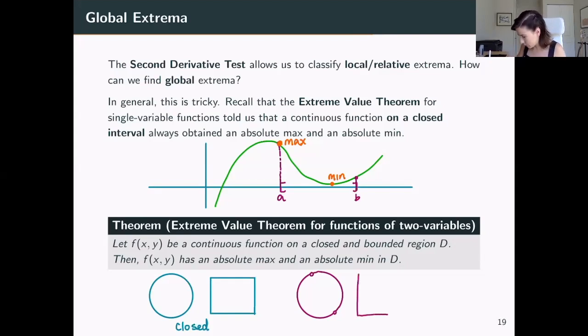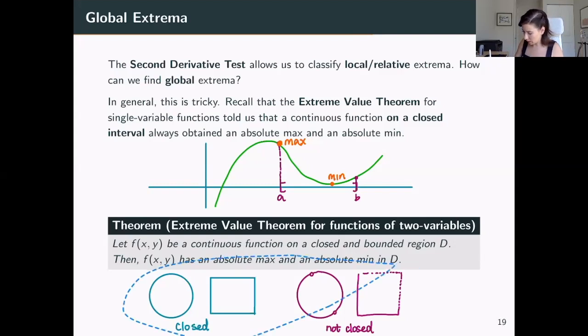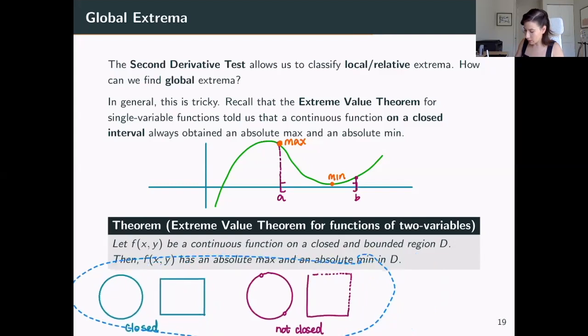Here I have those closed sides, but then I could have a dotted bit here on the end. And so these would be two regions that are not closed. And then finally, the last definition we need is what the term bounded means. A bounded region is something that can be contained in another region in a finite closed area.